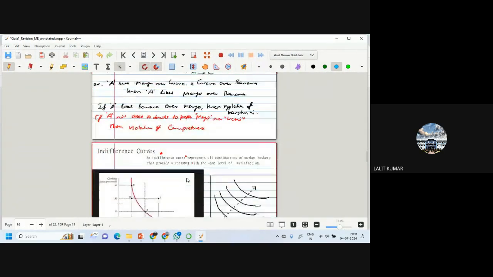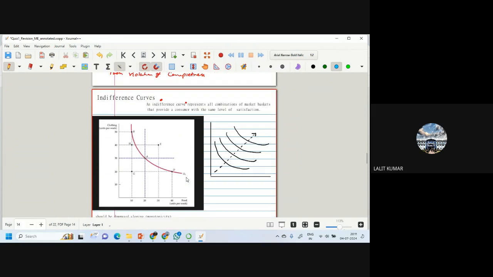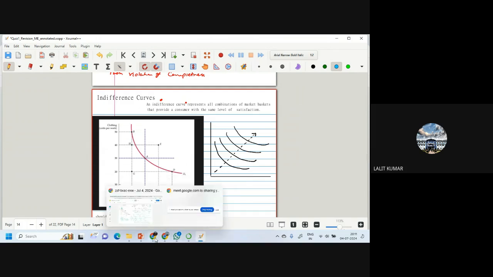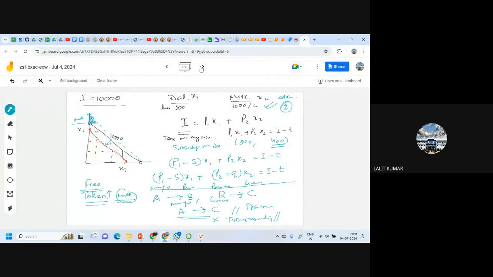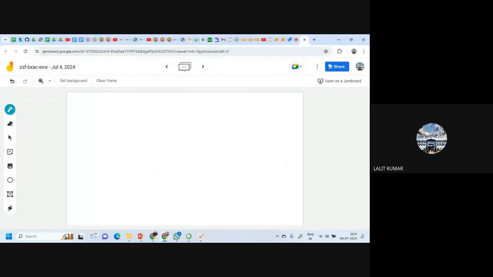So this brings us to indifference curves. An indifference curve represents all the combinations of market baskets that provide a consumer with the same level of satisfaction. And an indifference curve looks like this.